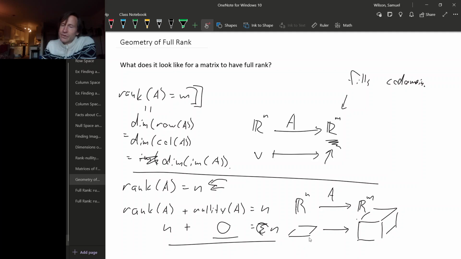So if your nullity is 0, that means this linear vector function doesn't squash any dimensions down to 0. And so really it's just taking this space that we're starting with and situating it somehow in your target space. So if you're of full rank because your rank is equal to n, that means that in your target space there's a perfect copy of the space that you came from because none of it gets squashed down.